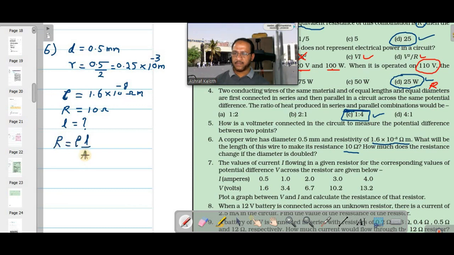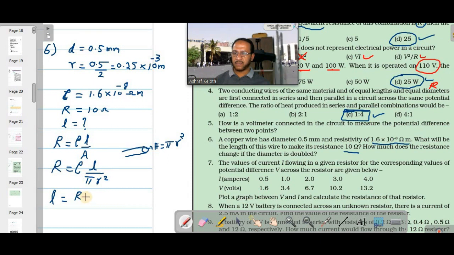R equal to rho into L by A. For a wire like this, A is the area of cross section of the wire. This A can be taken as pi r square. So this equation we can write once again. The resistance of the wire is equal to rho into L by pi r square. A we are substituting as pi r square. Length we have to find out.